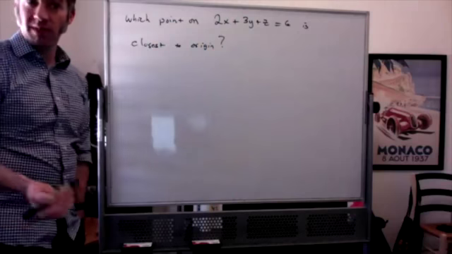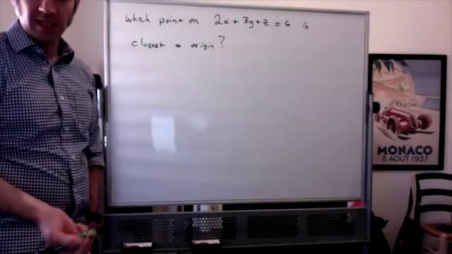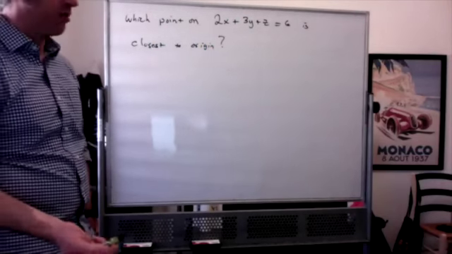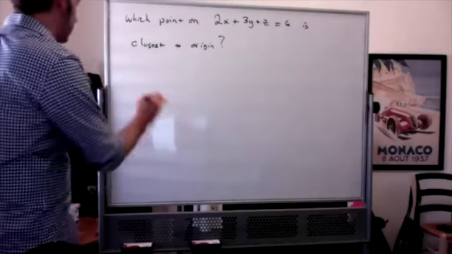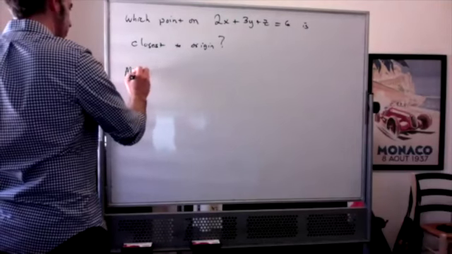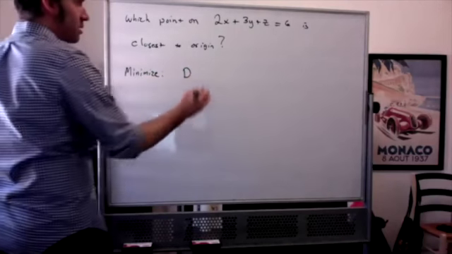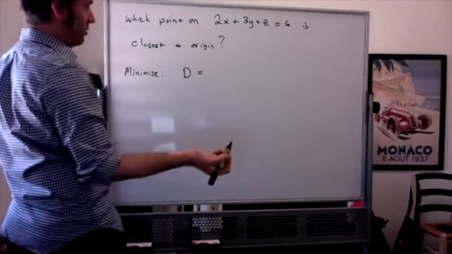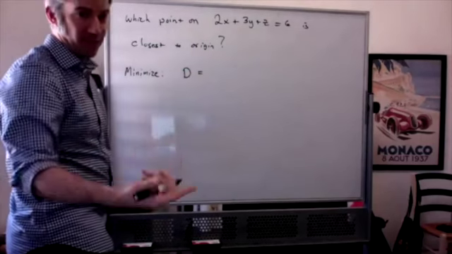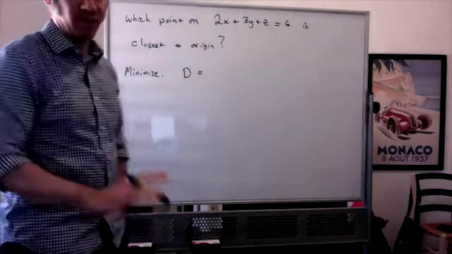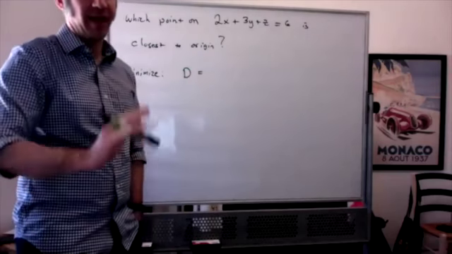Okay, so we're trying to minimize something. We're trying to minimize the distance between our point on the plane and the origin.